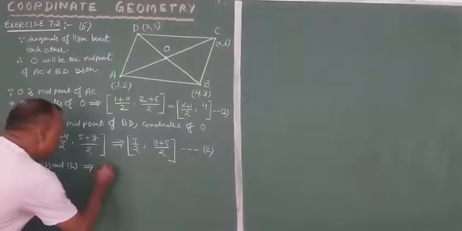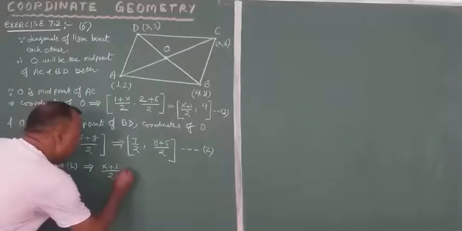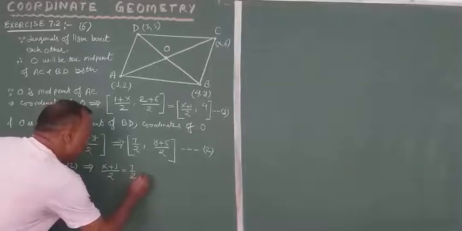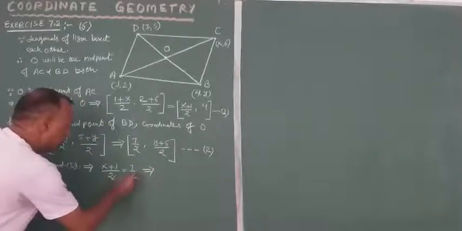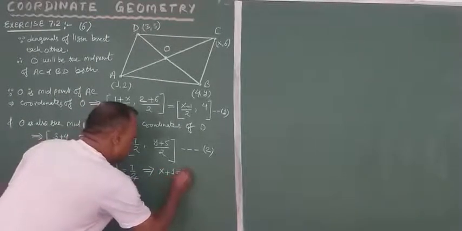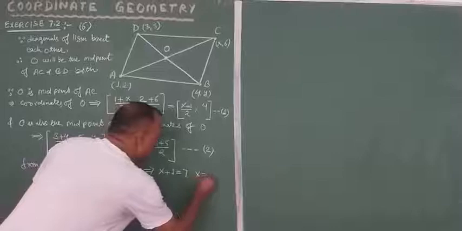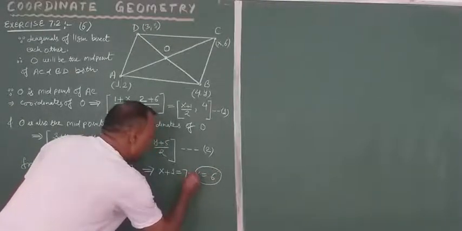So that is (x plus 1) upon 2 will be equal to 7 upon 2. When you will solve this 2 will be cancelled. So x plus 1 will be 7. Therefore x will be 6.